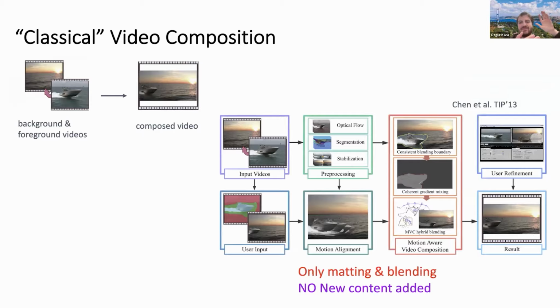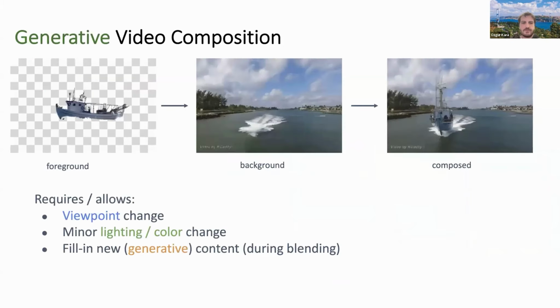So you basically just strictly perform a cut and paste operation with the given background and foreground videos to obtain a composed video, which often looks fake because the lighting, the physics, and all these details don't match, which requires the model to add some new content to perform the blending operation in a visually realistic manner.